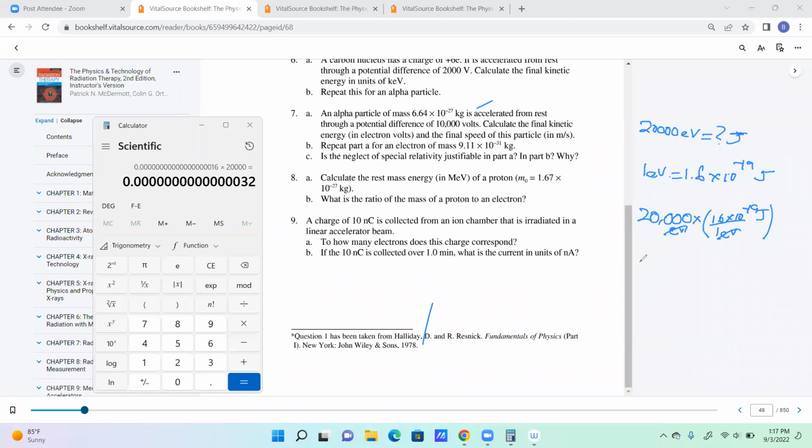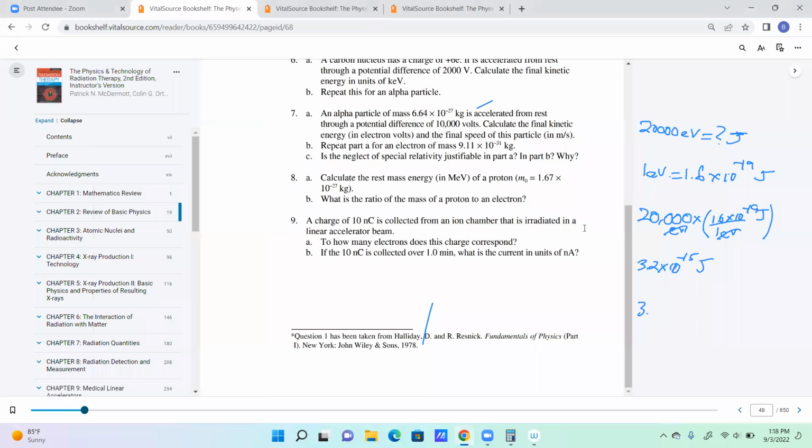So I end up with 3.2 times 10 to the minus 15th joules. Okay. Now, I know that this amount of energy is the kinetic energy.